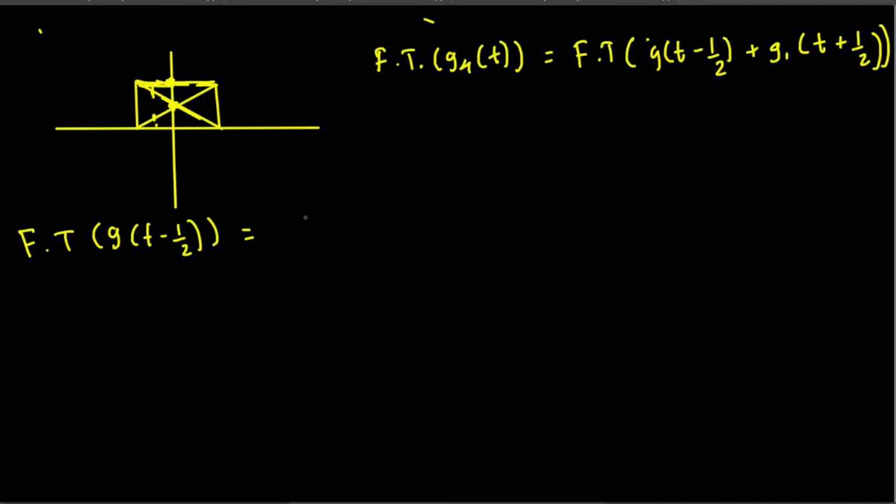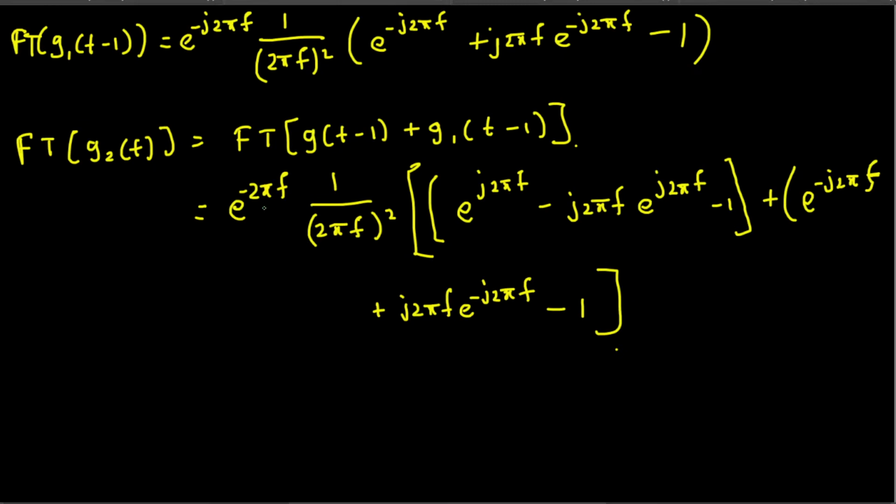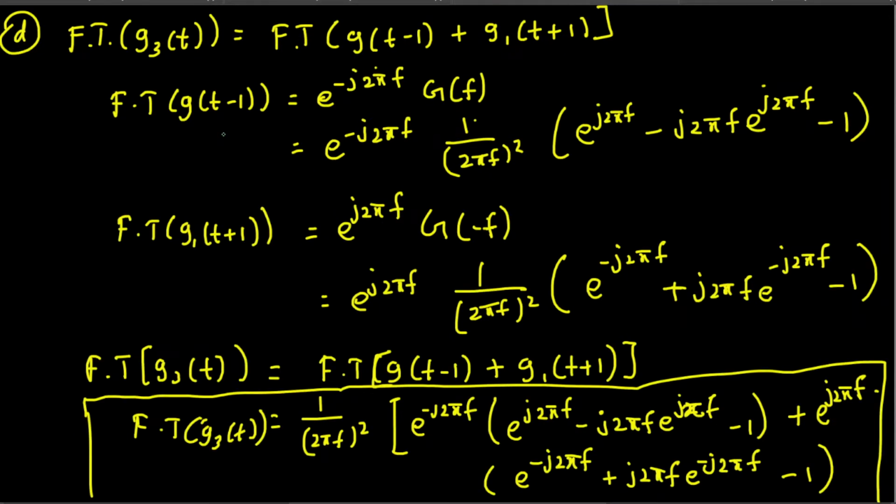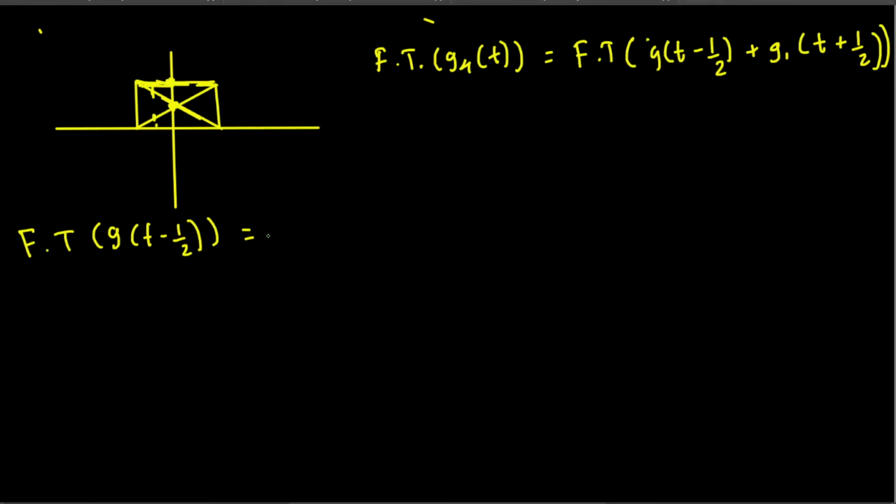That is basically e power, if it's minus half, here if it's minus 1 we had minus j2 pi f. If it's minus half we are going to have e power minus j pi f, and if you multiply that with the Fourier transform of g of t, we get the Fourier transform of g of t minus half.